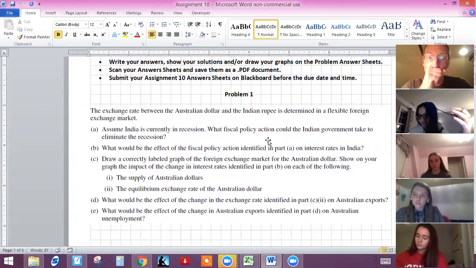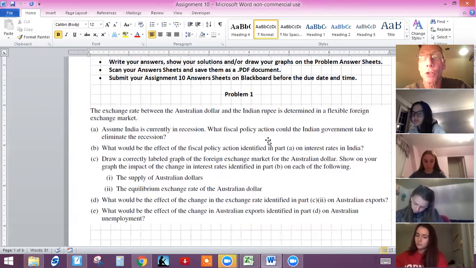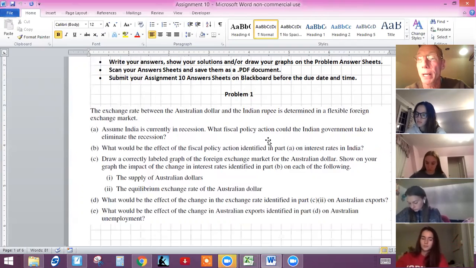And we need to know what fiscal policy action the Indian government could take to eliminate the recession. Now, remember, fiscal policy is tax and/or spend, right? So if an economy is in a recession, obviously you want to get more money flowing through the economy.